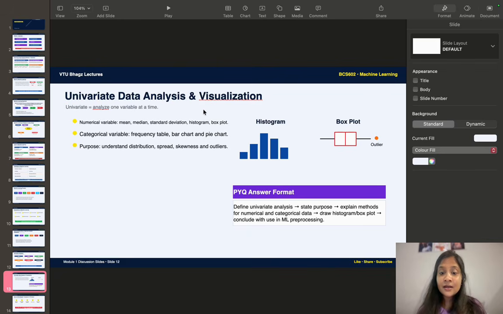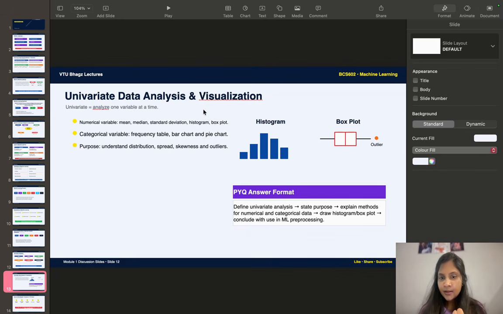For categorical data, we use frequency table, bar chart, and pie chart. For specific data, you have to explain which plot or visualization graph is used for univariate data analysis. Clear?